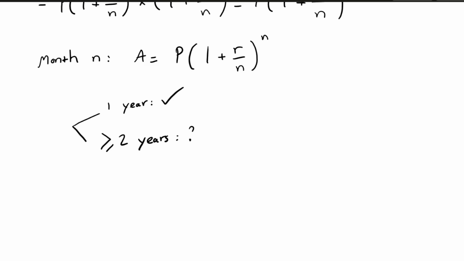Well, we would have to double the number of times interest is compounded per year, which is N times 2, or just 2N, right? So instead of just this, we would actually have this. Say 3 years. That would be N times 3, or 3N.